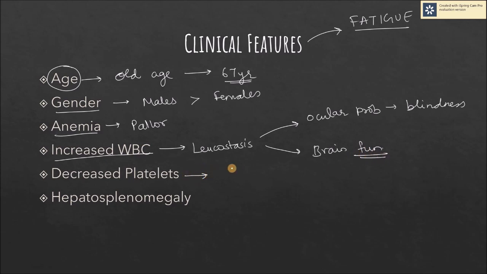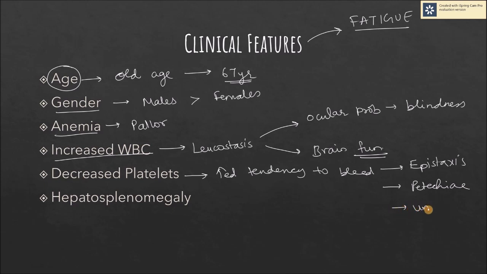There are decreased platelets, so there is an increased tendency to bleed. The patient will present with epistaxis, or like in our case there was petechiae, or there can be unusual site bleeding.